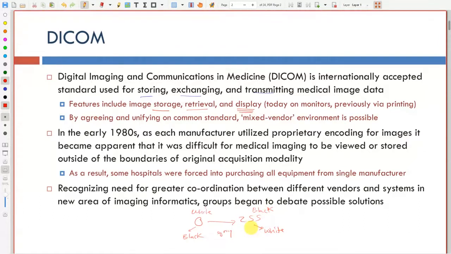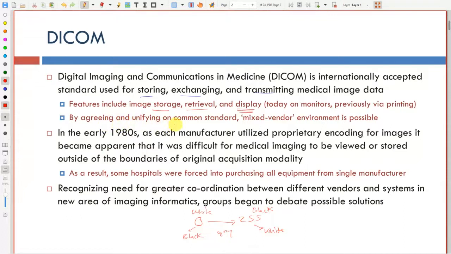You have to know exactly how to display these numbers. The numbers by themselves are not enough to tell you how to display the images. For certain imaging modalities, you might have different conventions, so you need to know how to map these numbers into the grayscale. This is very important.